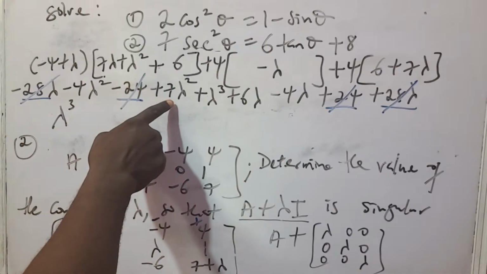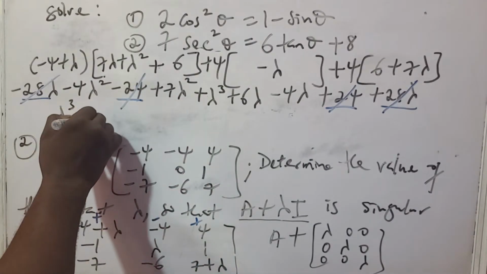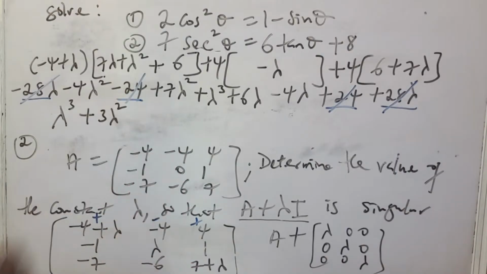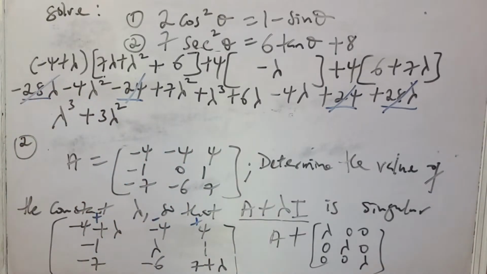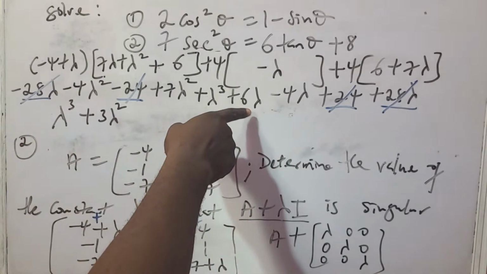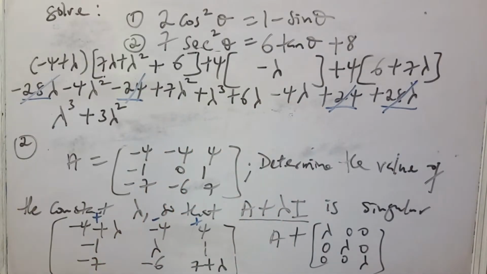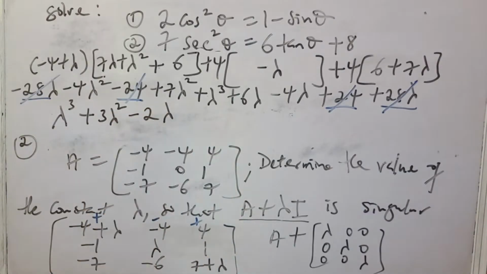Minus 4 lambda square plus 7 lambda square, that will be plus 3 lambda square. Alright? Because 7 minus 4 is 3. Good. So that is done. So we're left with 6 and 4. 6 lambda minus 4 lambda will give me minus 2 lambda.